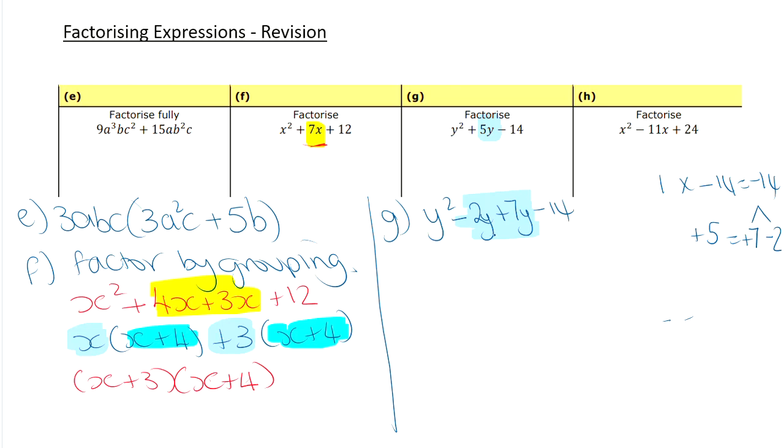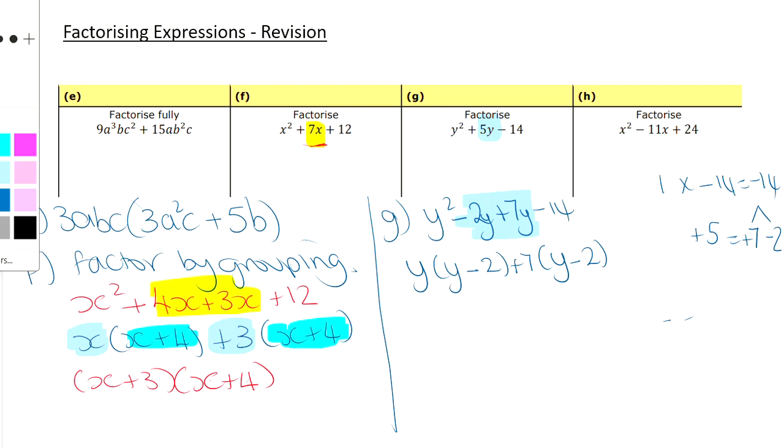Okay, so factor by grouping, I'm going to take a y outside, so I'll have y minus 2. And then with 7 and 14, I'm going to take a 7 outside, so plus 7, and then inside I will have y minus 2.